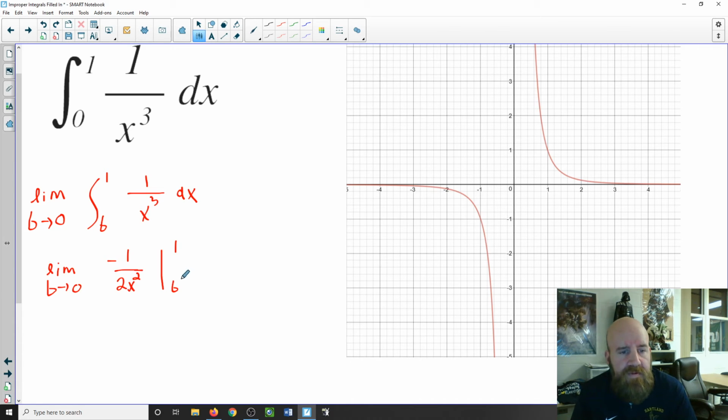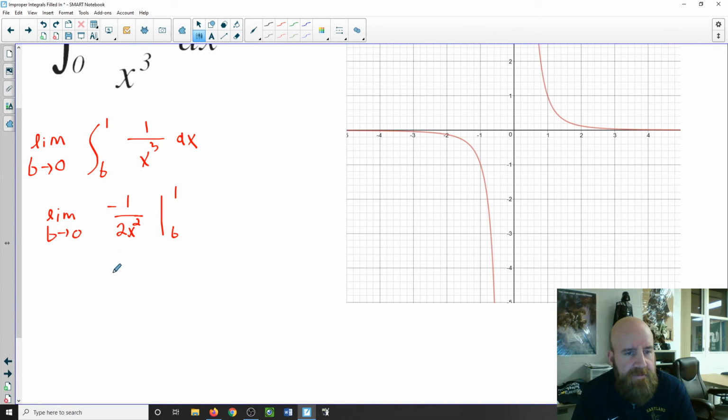So now we can evaluate. We get negative 1 over 2 times 1 squared when we plug the 1 in, so that's just negative 1/2, minus a negative, so we're adding 1 over 2 times b squared, and we're running the limit as b approaches 0. So we have a negative 1/2 here.